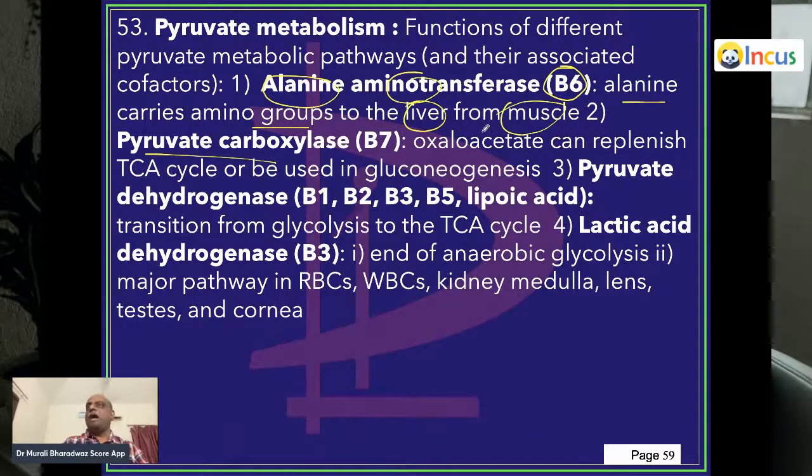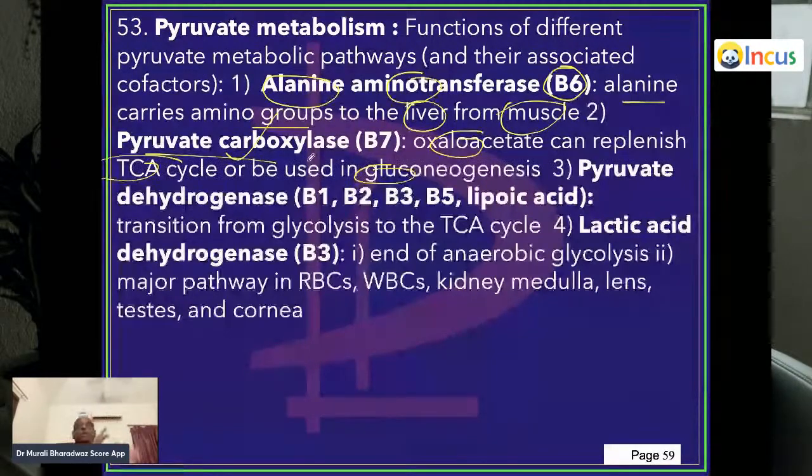Typically oxaloacetate can replenish the citric acid cycle, or it can be used in gluconeogenesis. For that, you require pyruvate carboxylase. Pyruvate carboxylase converts pyruvate into oxaloacetate, and that oxaloacetate is used in the citric acid cycle.